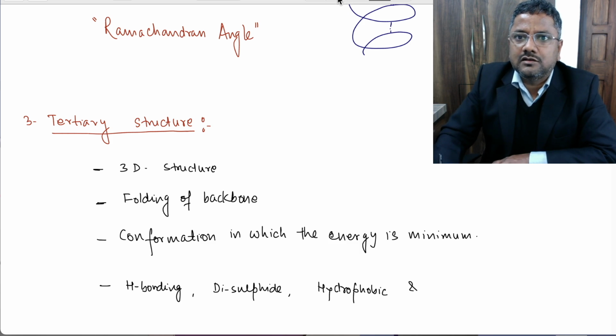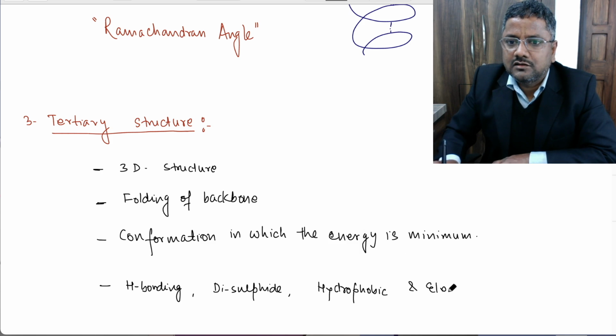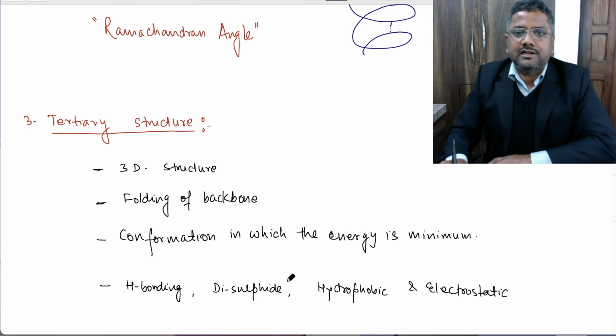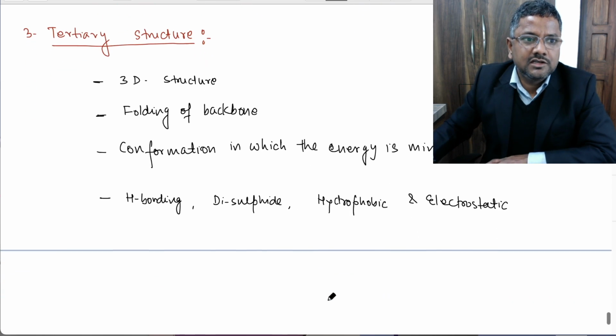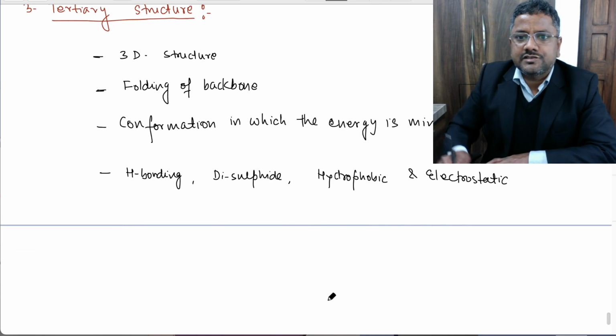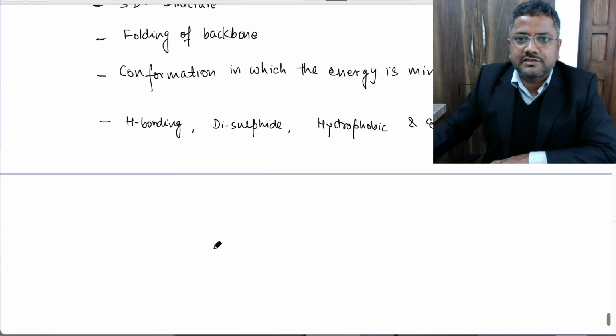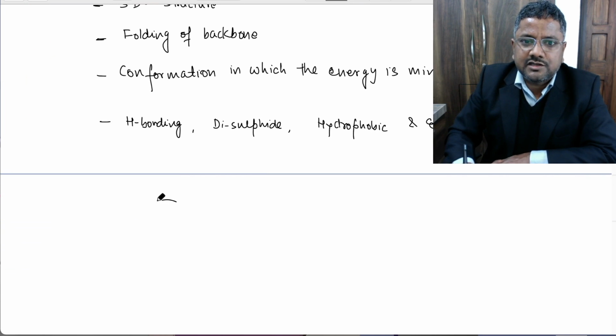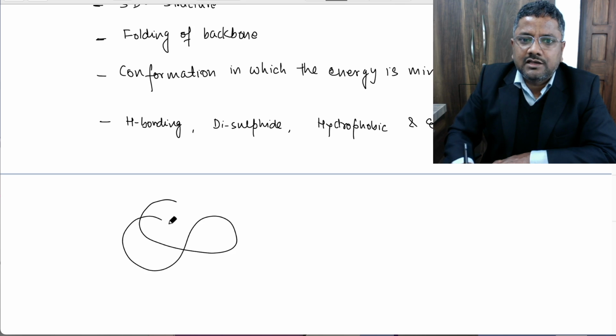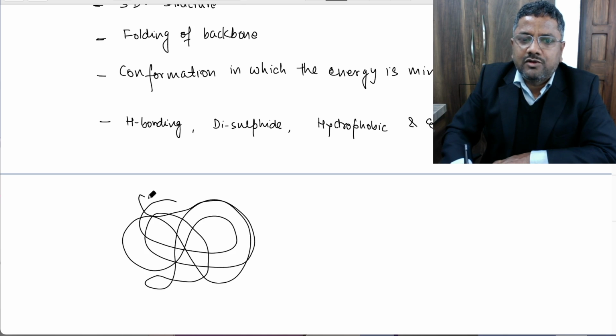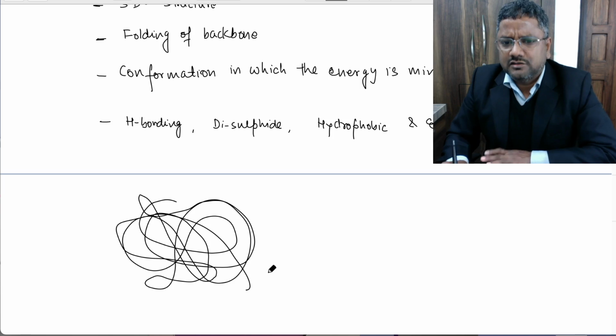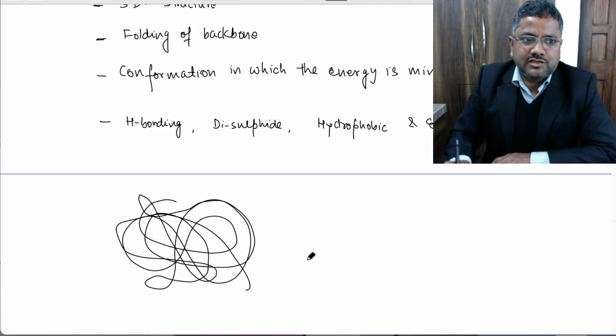All interactions are there, right? So the tertiary structure is a particular type of folding of the protein, right? So this is the 3D structure.